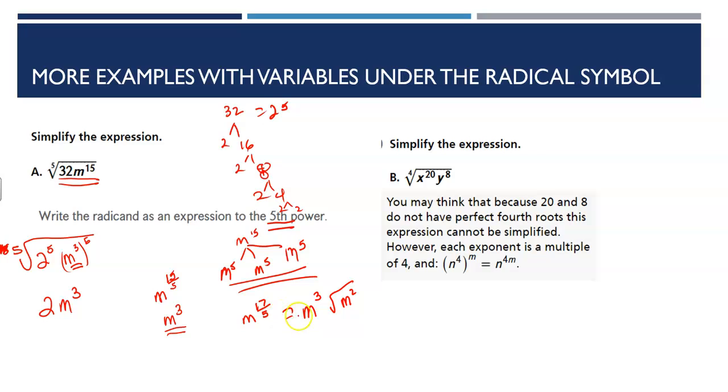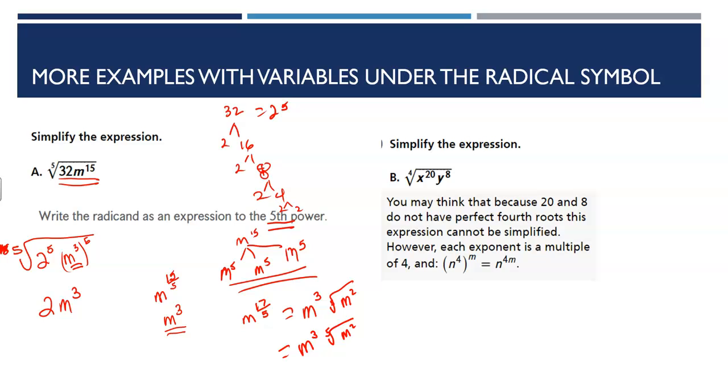You're going to get a remainder of 2/5. So 17 divided by 5 is 3 with a remainder of 2/5. So the 2/5 looks like m squared under the 5th root. I'll rewrite that a little cleaner. That's another way to do it.